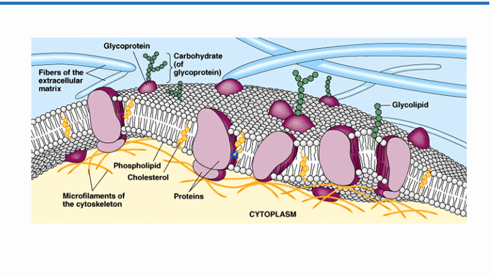Then we have this yellow structure. This is cholesterol. And these green structures are sugar. When sugar is attached to a protein, we call it a glycoprotein. Here's our glycoprotein. When sugar is attached to a lipid, we call it a glycolipid. And those glycoproteins and glycolipids make up the glycocalyx.